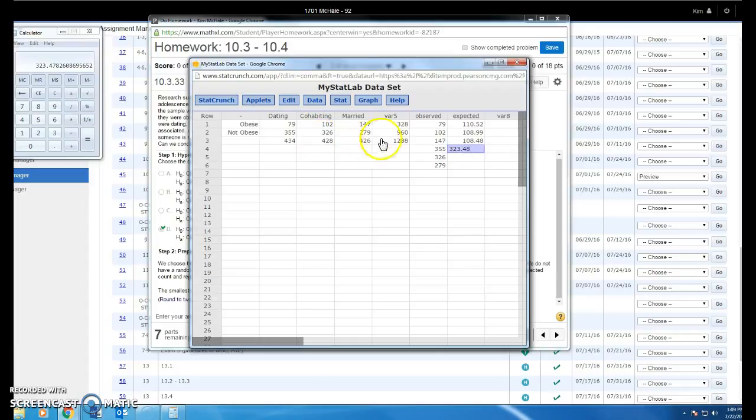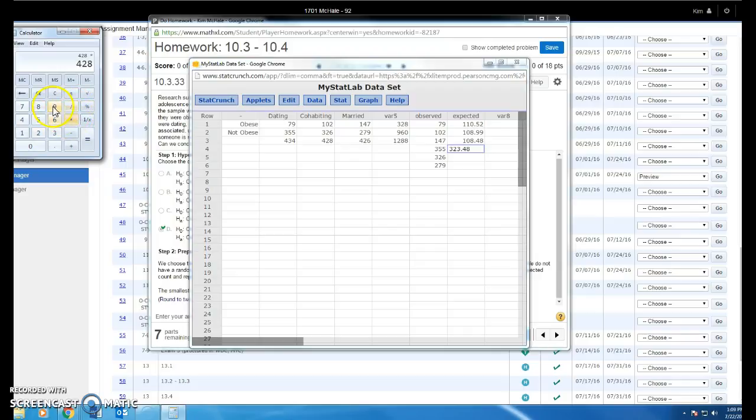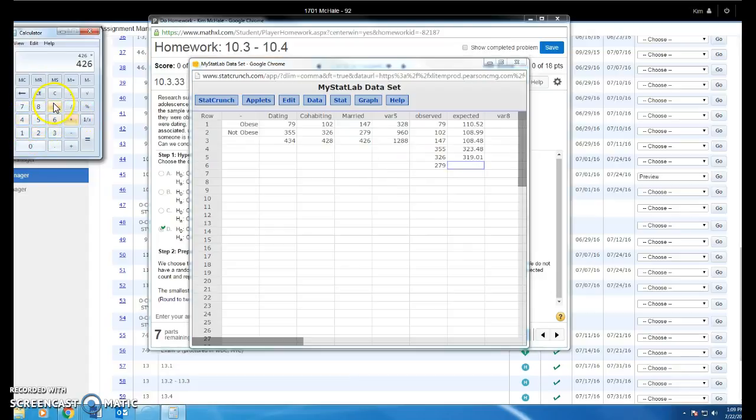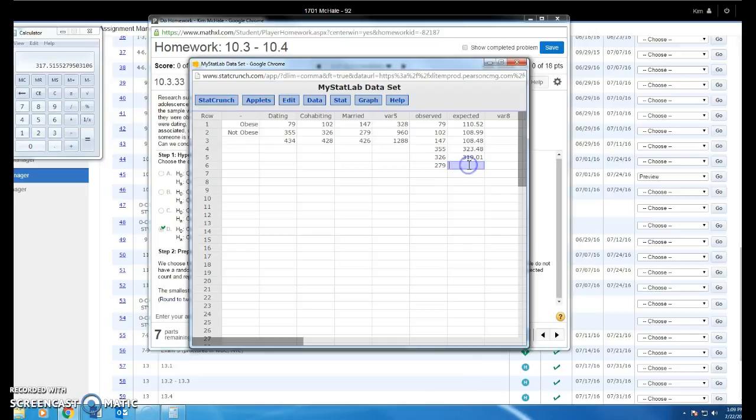Two more to go. 428 times 960 divided by 1288 gives me 319.01. And then for this last one, it's going to be 426 times 960 divided by 1288. And I'm going to get 317.52.